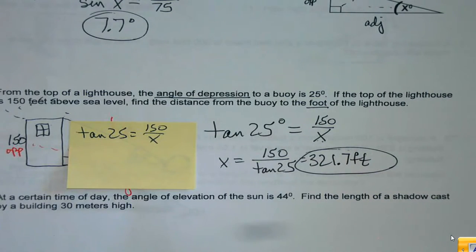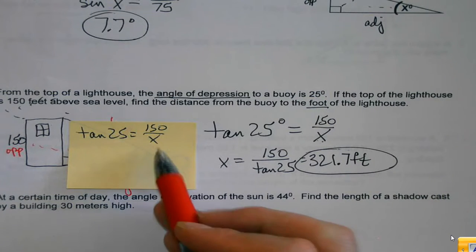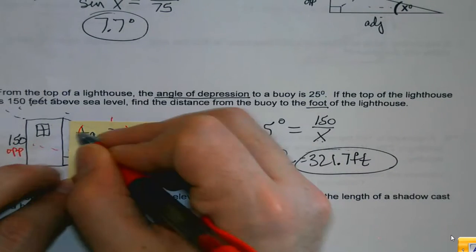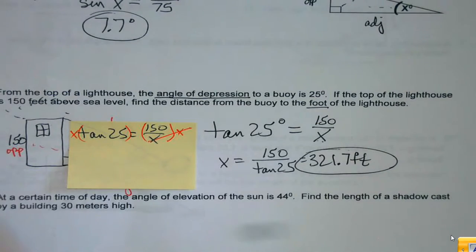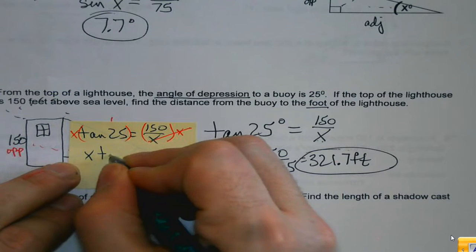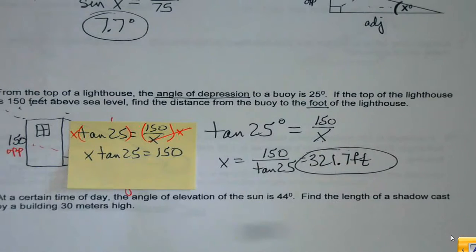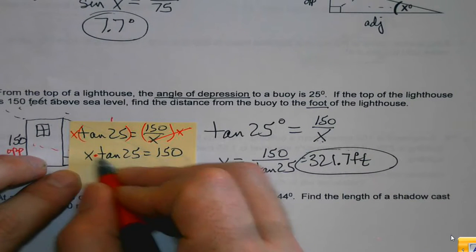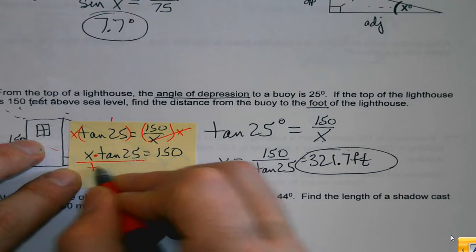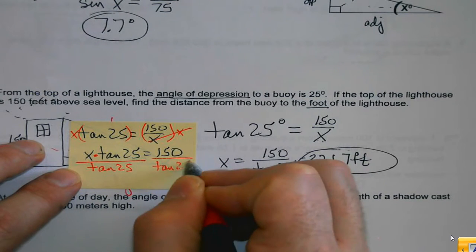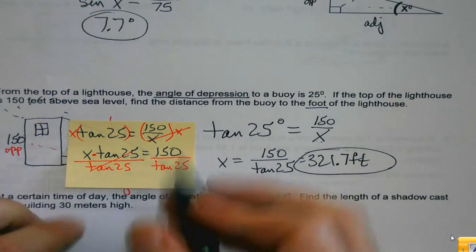Not going to be quite as quick this time because the x is at the bottom. Whatever's at the bottom of the fraction is what I multiply both sides by. So those would cancel out. This time, one step isn't going to get it done because the x isn't by itself yet. Now it's got a tangent of 25 with it. So the opposite of multiplying those together would be to divide.